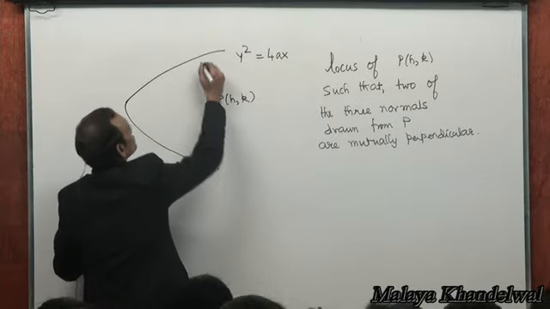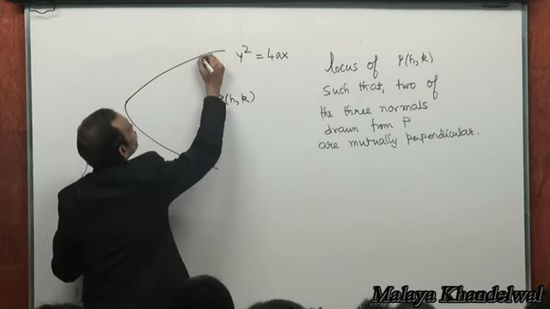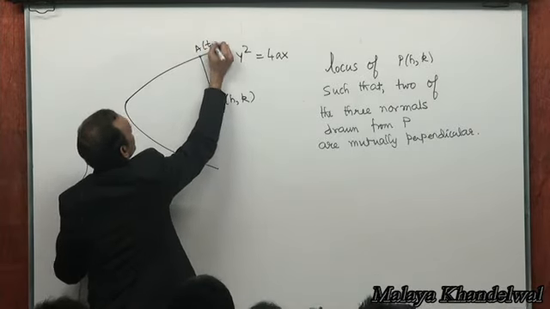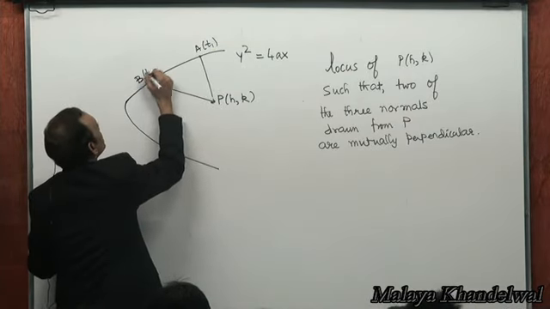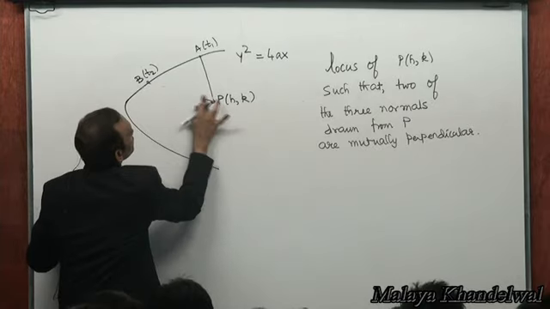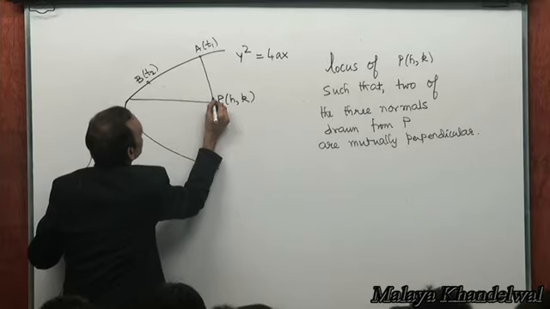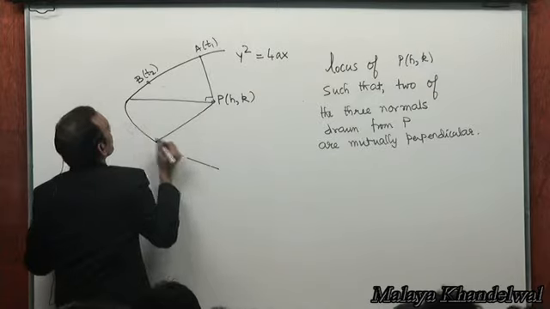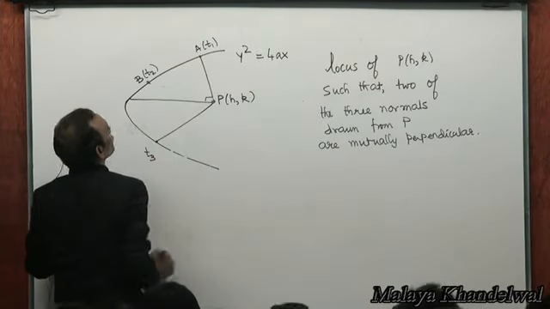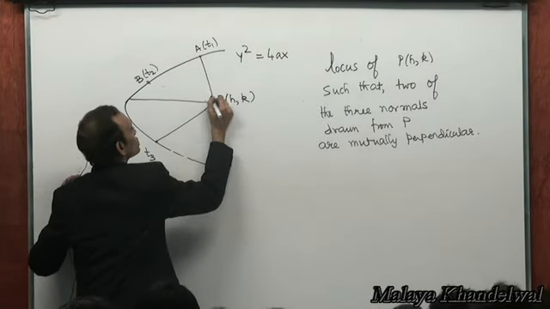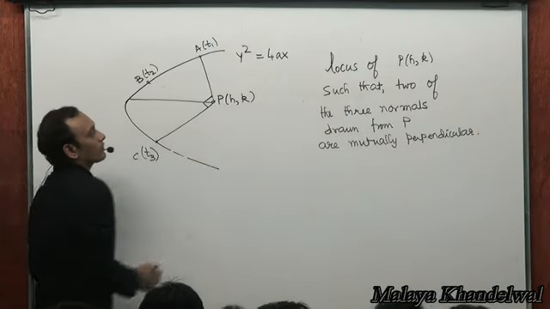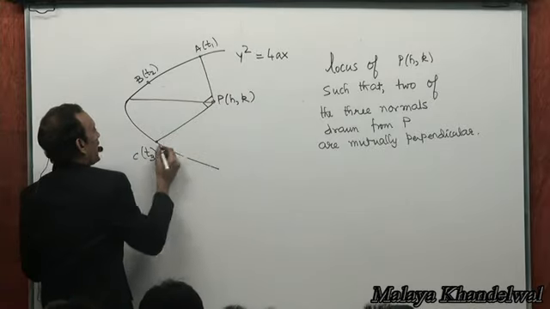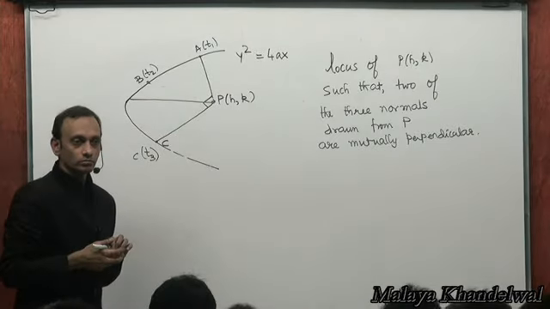Now, from P in general, a normal could be drawn at A, which is T1, at B, which is T2, and at C, which is T3, such that normals PA and PC are perpendicular.